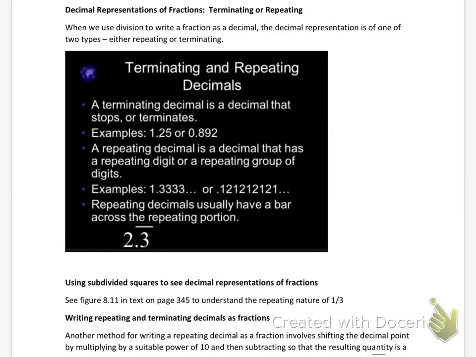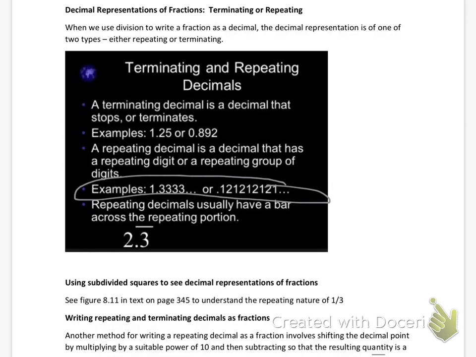So 0.12 would have the bar notation above. Repeating decimals usually have a bar notation, so you see it that way, or you can see it as the same number repeated over and over again, like we have right here, with a dot, dot, dot. Okay, so that's important to note.